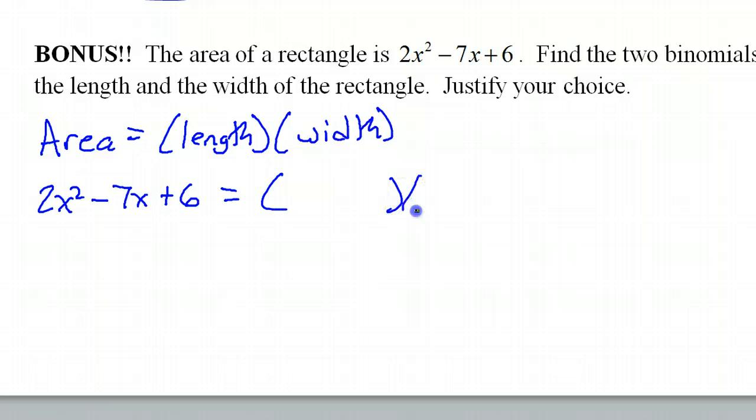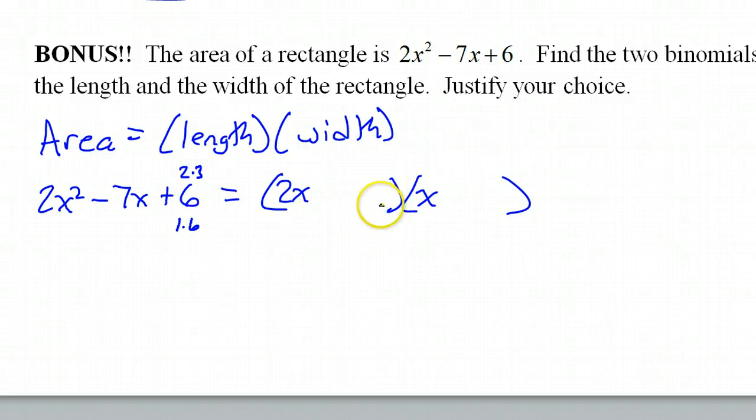So if we factor that, then we're going to get a binomial times a binomial that could be the length and the width. So 2x squared can only be 2x times x. And then 6 is either going to be 2 times 3 or 1 times 6. I'm going to go with the 2 and 3 first.